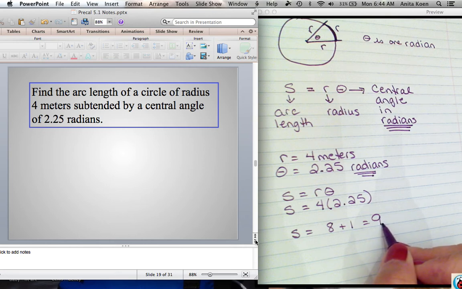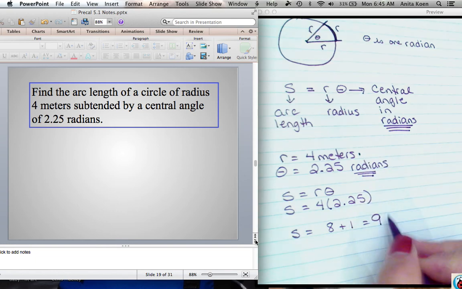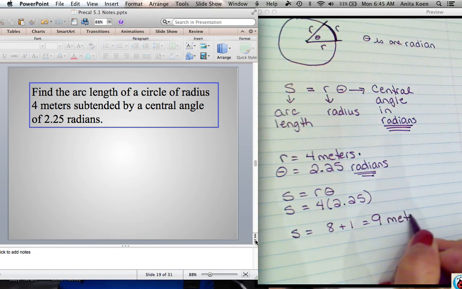Now the unit of length here is the same as my radius, so this is 9 meters. So my arc length is 9 meters when I have a central angle of 2 and 25 hundredths radians that subtends this circle of radius 4 meters.